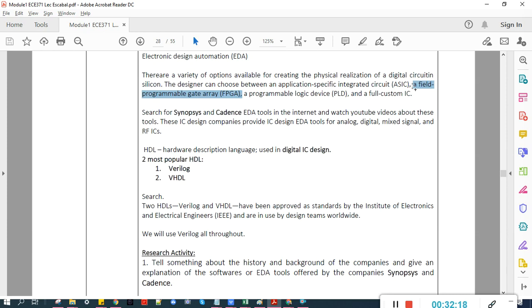It's like a microcontroller, but in a microcontroller, just like Arduinos, you can't change what's inside the chip, the microcontroller chip.